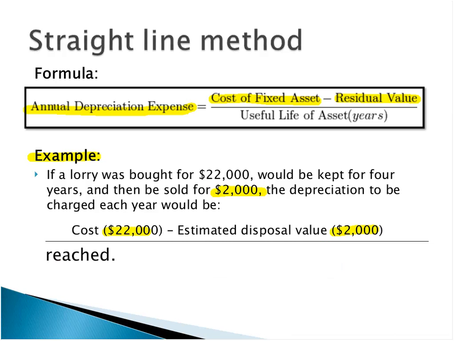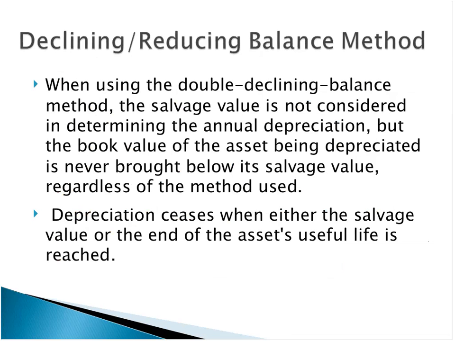So let's move. Let's start with what the declining or reducing balance method is. We call it declining. Sometimes you would find the word reducing or as well double declining balance.